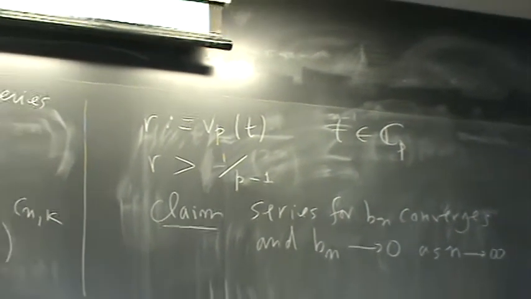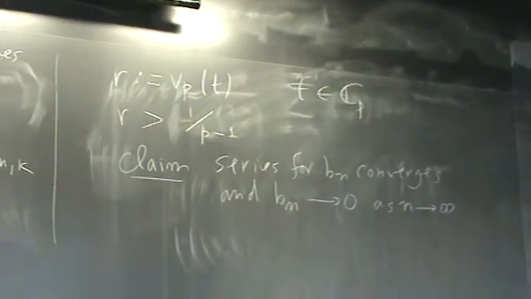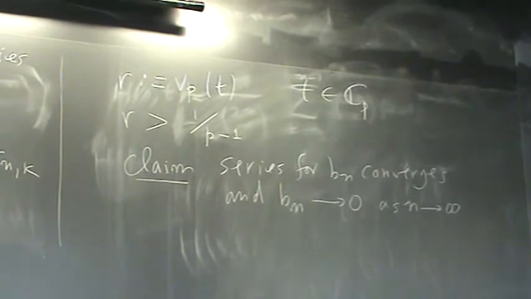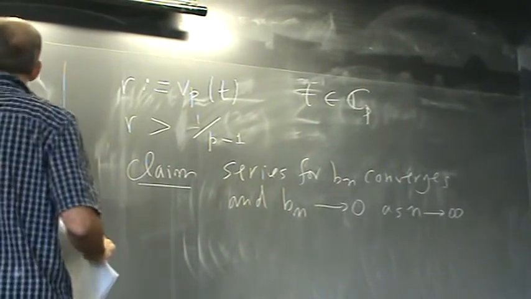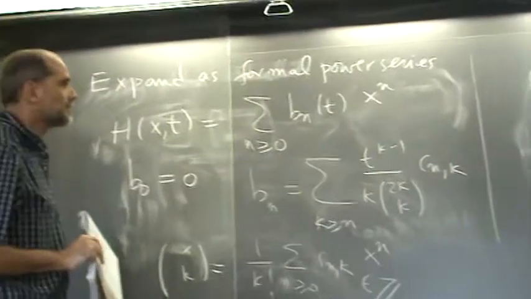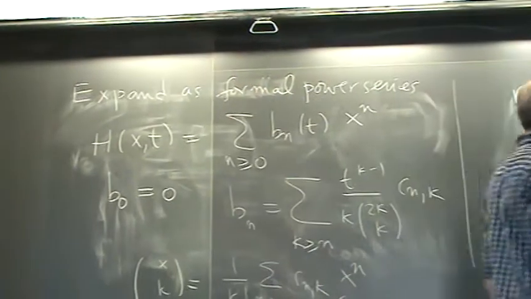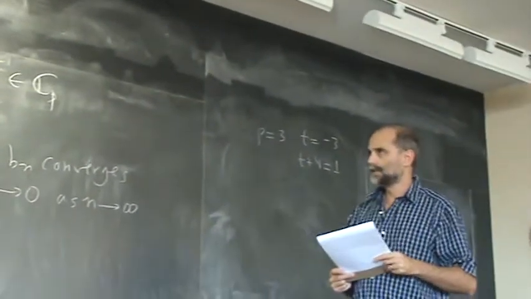So if the valuation of t is sufficiently large, then I get a convergent series in t, and moreover the terms in this power series expansion go to 0, so I get an analytic function of x in the closed unit disk.